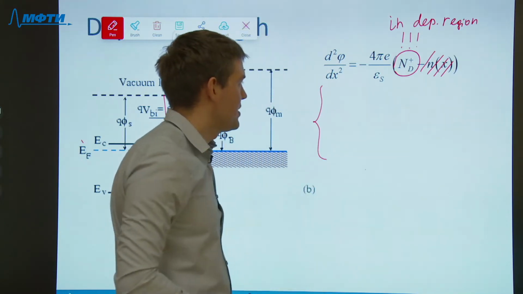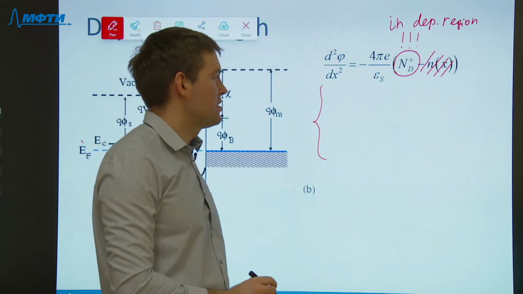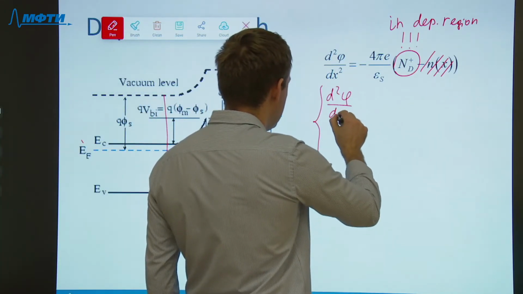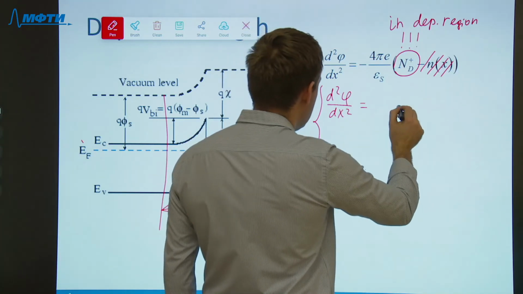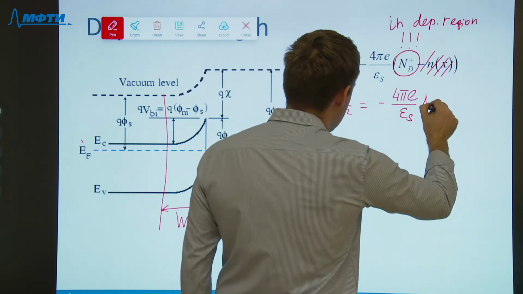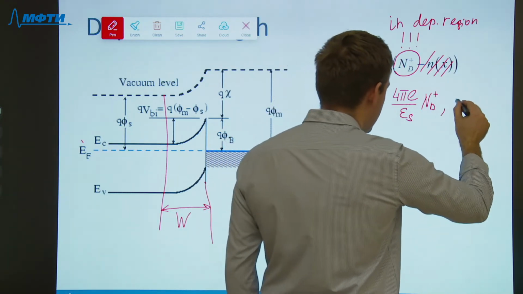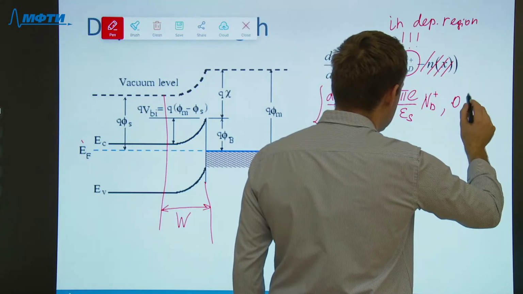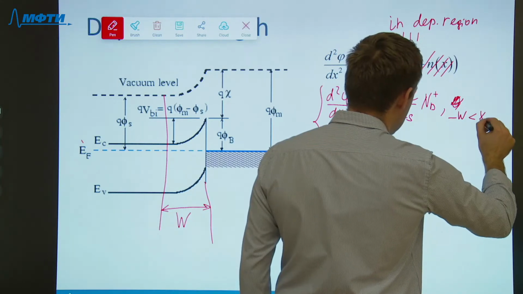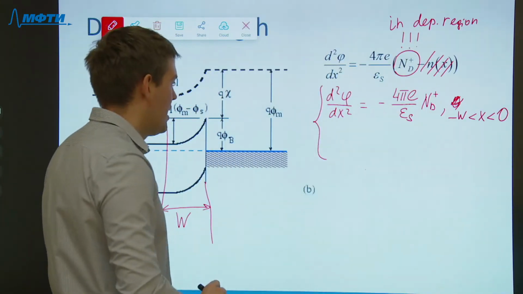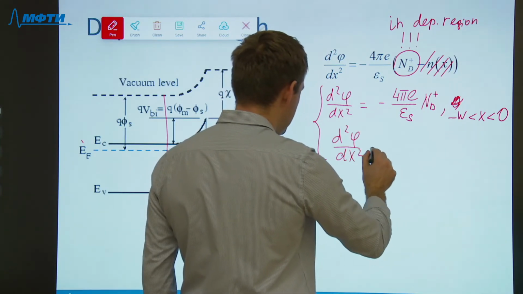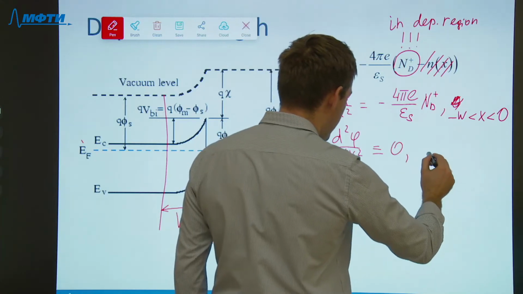Instead of solving the complete equation for electric potential everywhere, we write it as a second order differential equation: the second derivative equals minus 4 pi e divided by epsilon s, times N d plus in the region between 0 and minus width, and it equals 0 exactly otherwise.